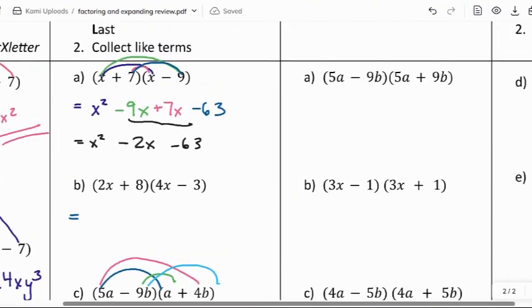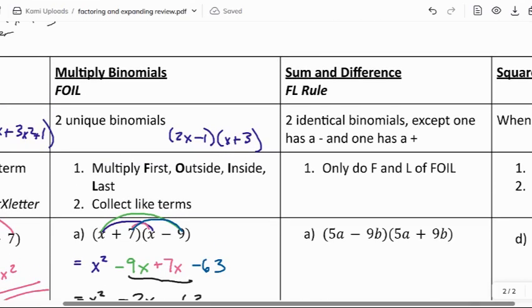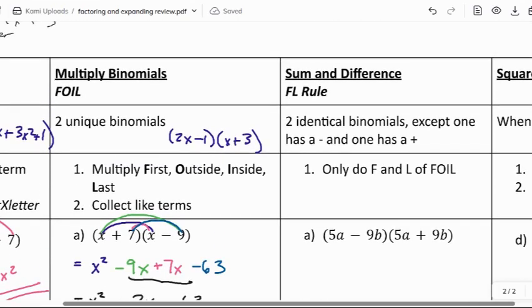This is my absolute favorite because I gave it a really good name. It's called the flow rule. And it's not FL. That's mispronounced. It's flow. The technical name is sum and difference. Folks, when I do a sum, which operator am I talking about? And what is difference? Subtraction.